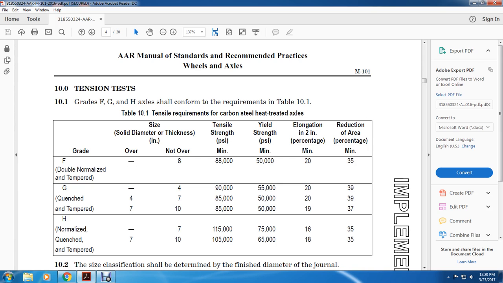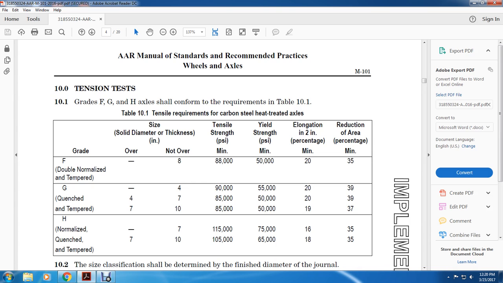Grade G, quenched and tempered, sizes not over 4, 90,000 tensile, 55,000 yield strength, elongation in 2 inches 28%, 39% reduction. Quenched and tempered, over 4 and not over 7, 85,000 tensile strength, yield strength 50,000 psi, 20% elongation in 2 inches, reduction of area 39%.